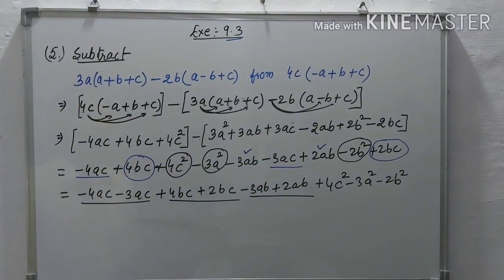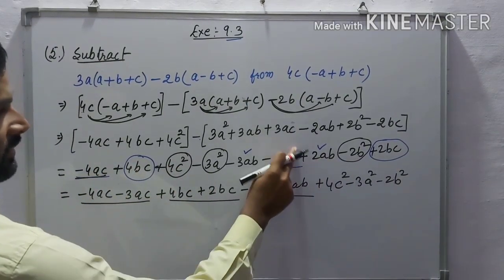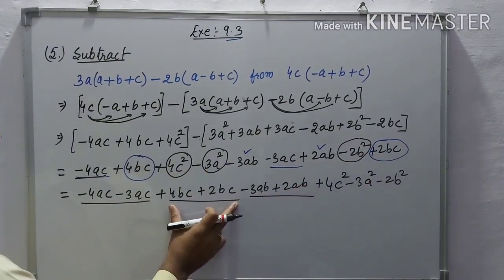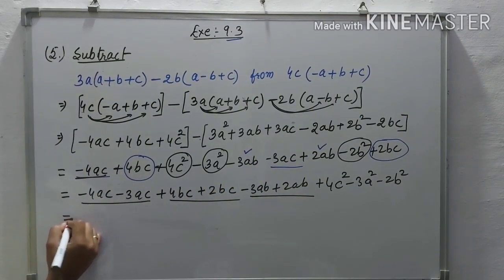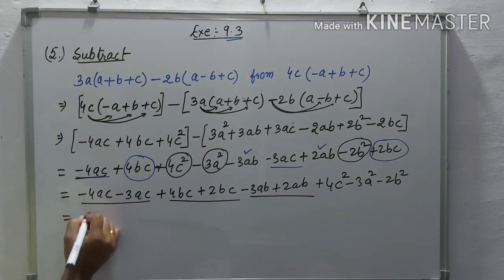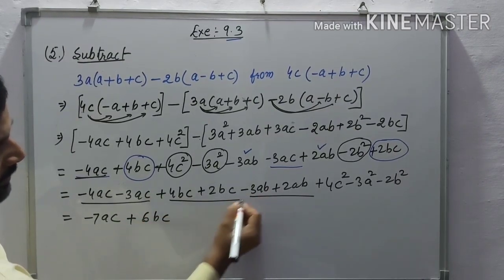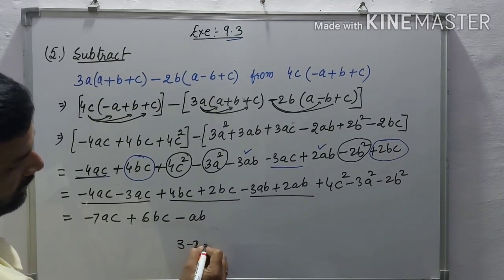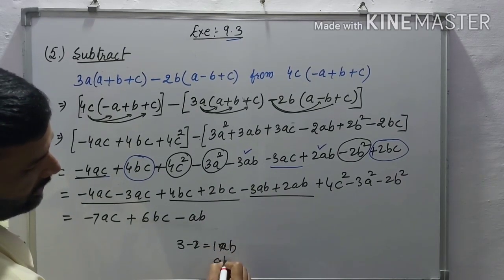The unlike terms we write separately, and the like terms, AC with AC, BC with BC, and AB with AB, we continue and solve. Here AC and AC, so that is minus 7AC. Here plus 6BC. Here minus AB, because 3 minus 2 is equal to 1 and 1 is not written. 1 AB means only AB.